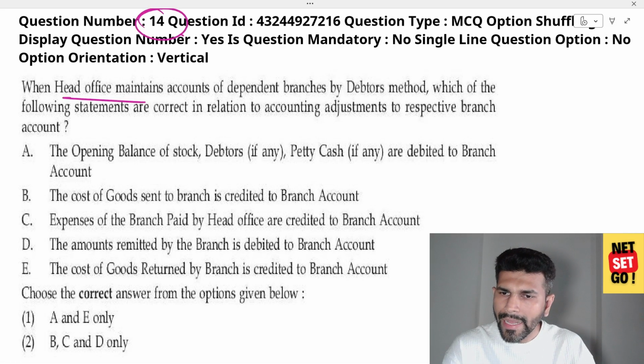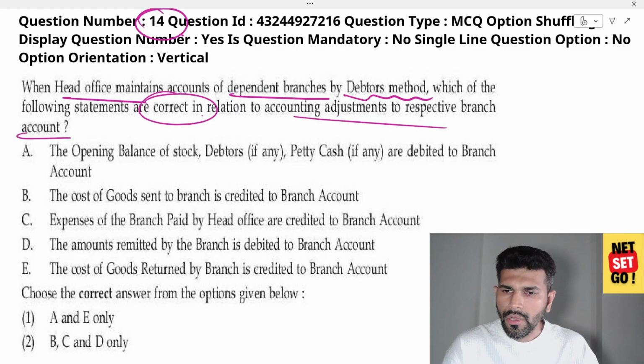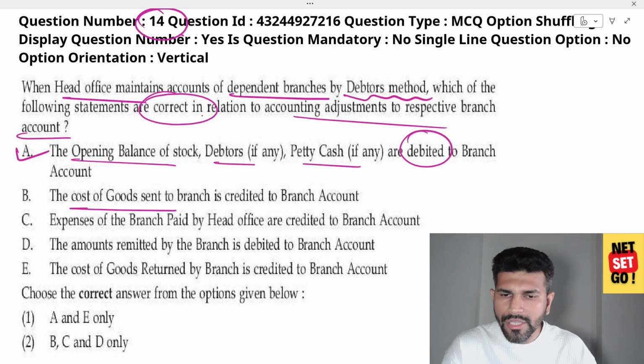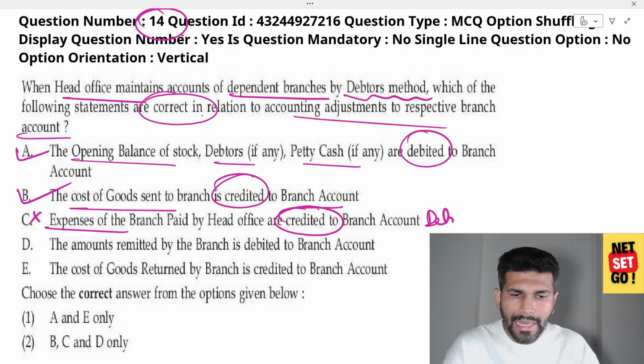Next, when head office maintains accounts of department branches by debtors method, which of the following statements are correct in relation to accounting adjustment to respective branch account? The opening balance of stock, debtors, petty cash are debited to branch account, correct? The cost of goods sent to branch is credited to branch account, correct? Expenses of the branch paid by head office are credited to branch account? No, it should be debited because debit all expense and losses.